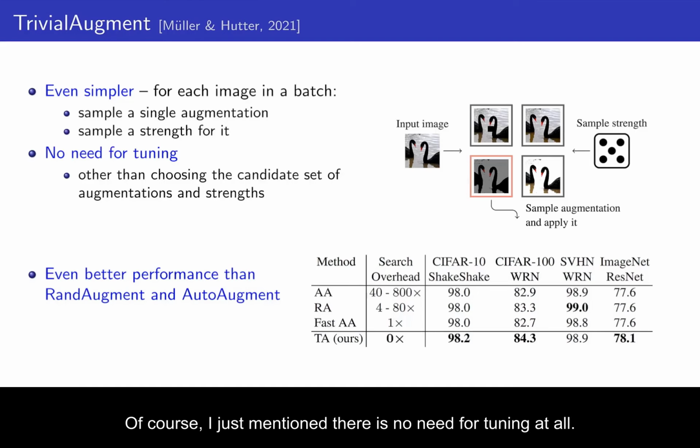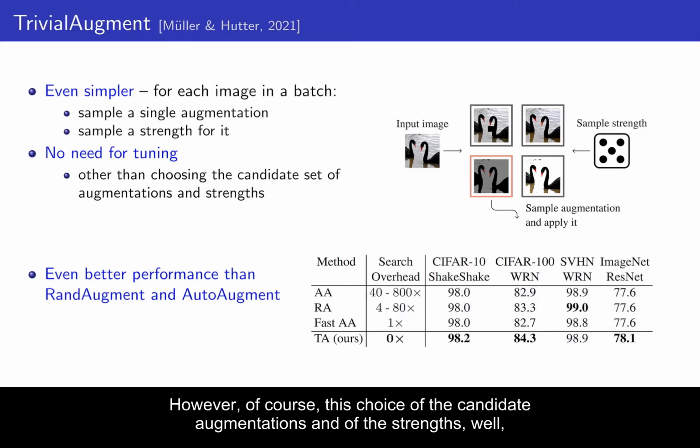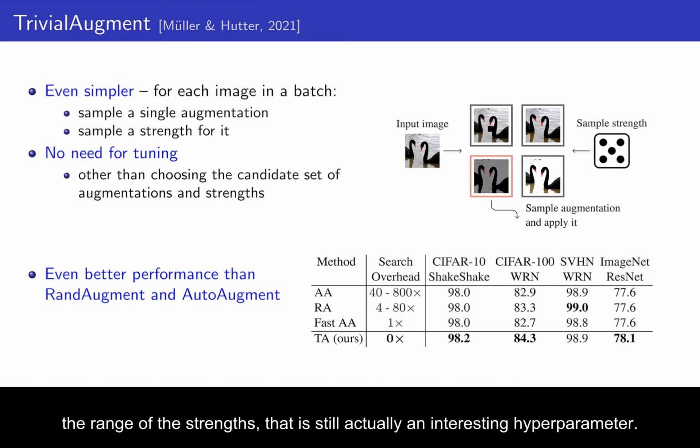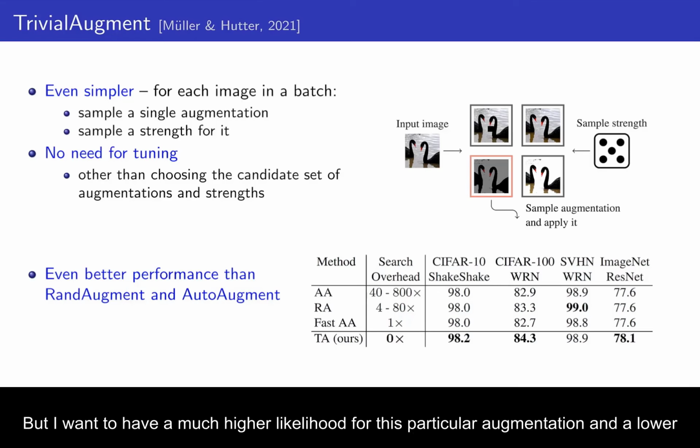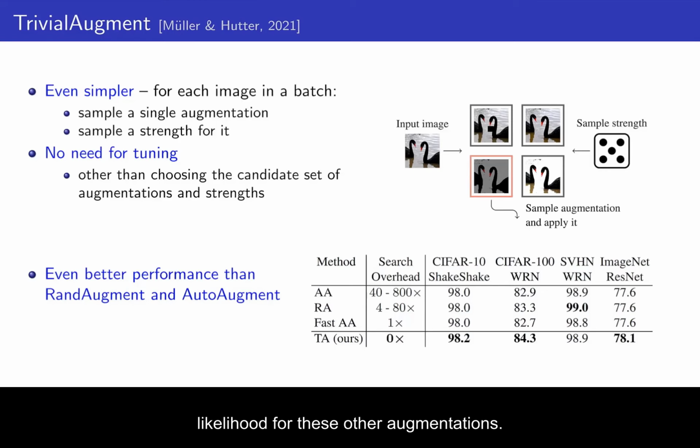Of course, I just mentioned there's no need for tuning at all. However, this choice of the candidate augmentations and of the range of the strengths is still an interesting hyperparameter. You could also say, I want to have this set of different augmentations, but I want a much higher likelihood for this particular augmentation and a lower likelihood for these other augmentations.